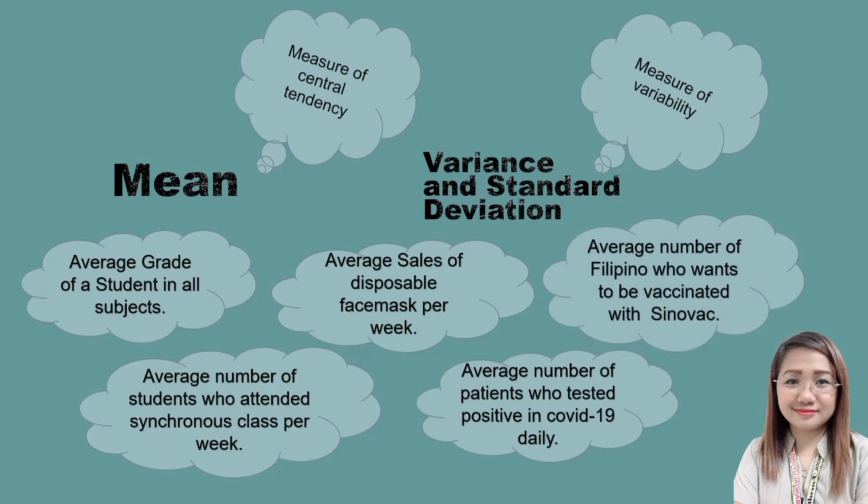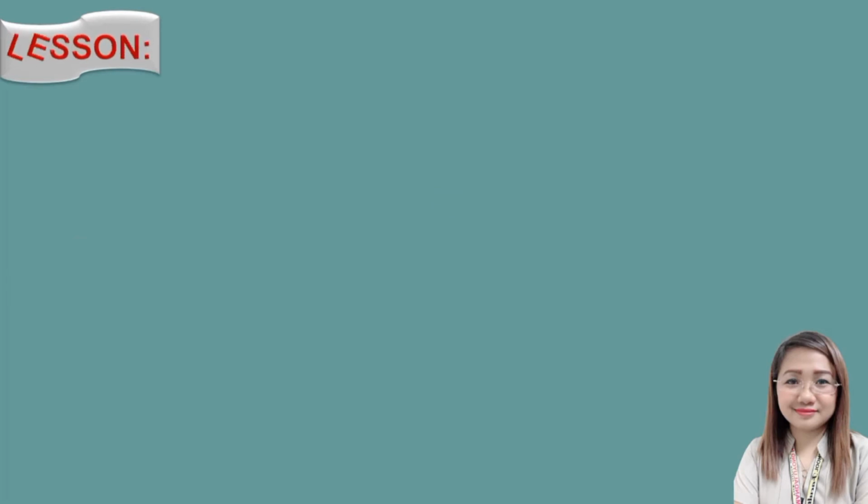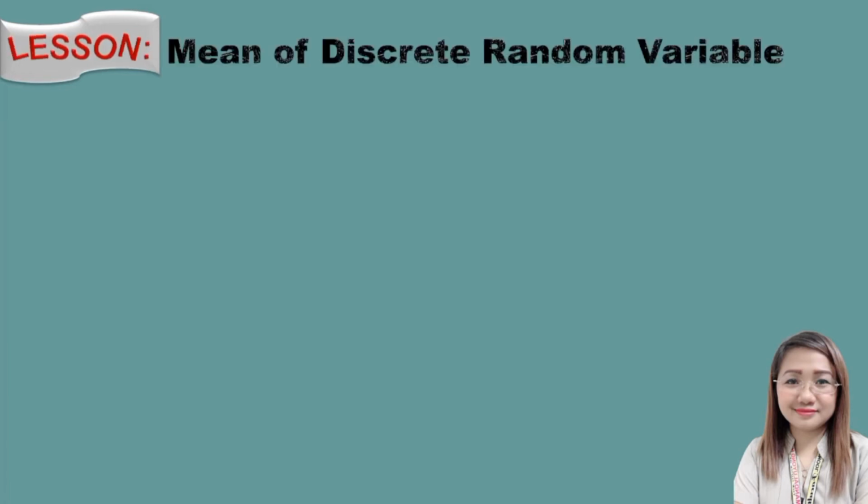And we have average number of Filipino who wants to be vaccinated with Sinovac. In today's lesson, we will examine how mean, variance, and standard deviation describes a probability distribution of a discrete random variable. Let's have mean of discrete random variable.